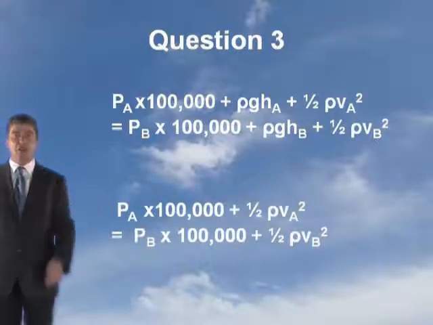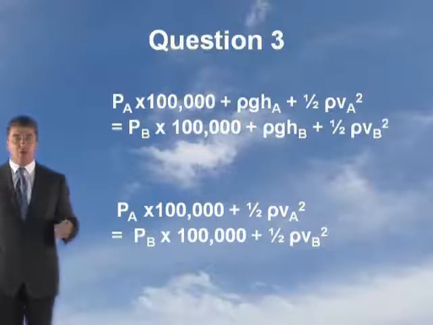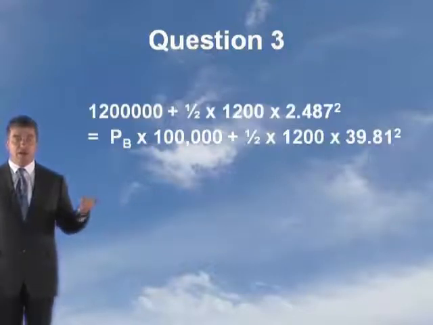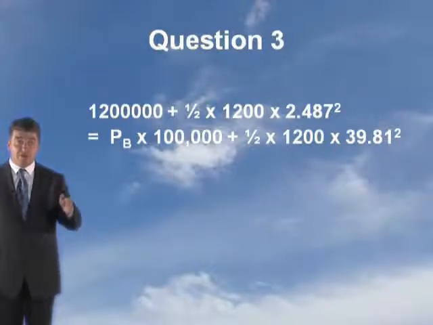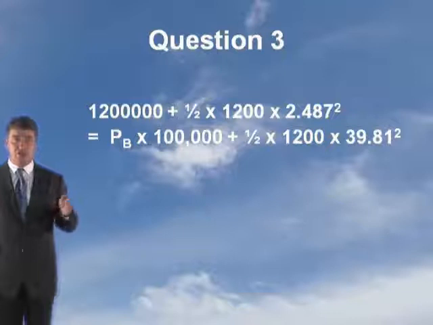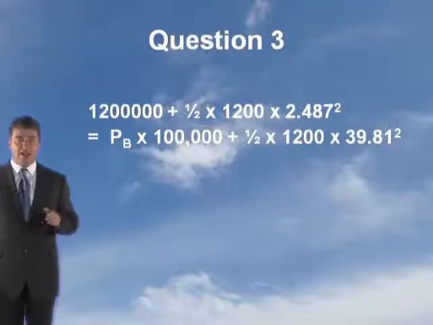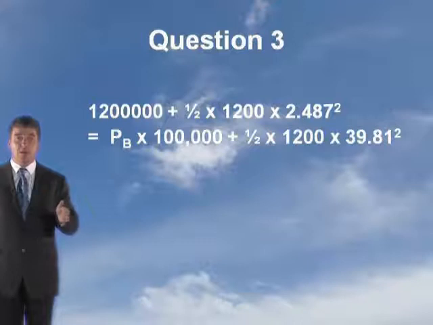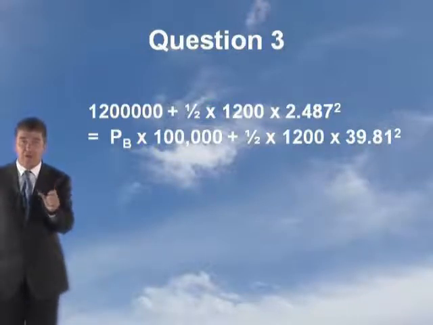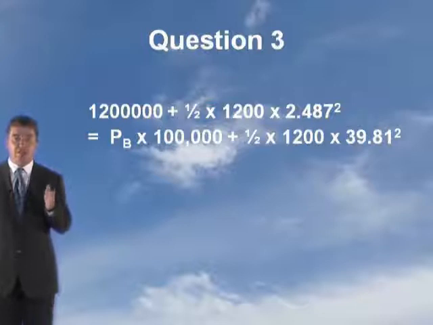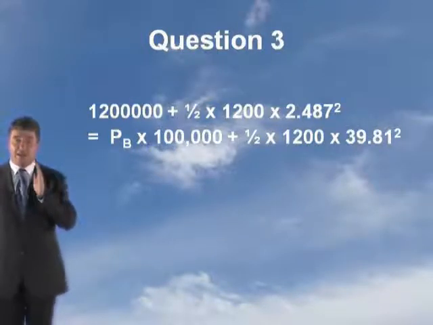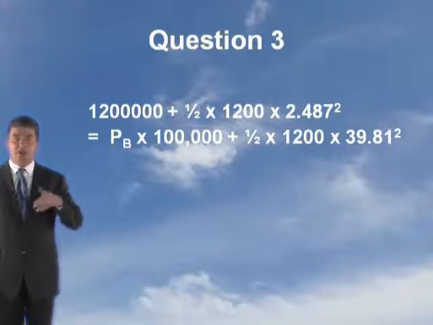Now you're substituting all your known values, put them in. So what have you got? Well, you know the pressure, 12 bar, so it's 12 times 100,000 is 1,200,000 plus half times 1,200, that's the concentrate density, times 2.487 squared equals the pressure at B, that's what we're trying to work out, times 100,000 plus half times the density, don't forget the density is 1,200, times 39.81 squared.